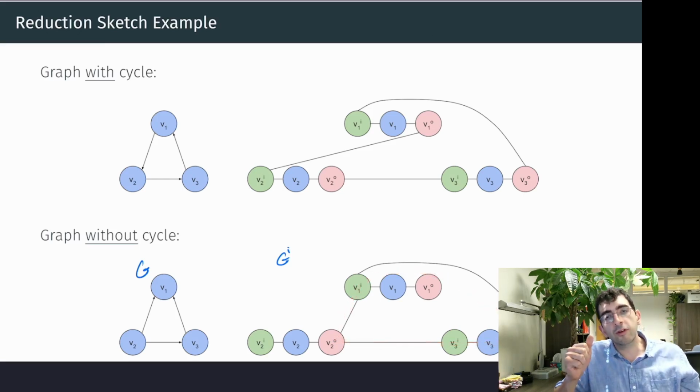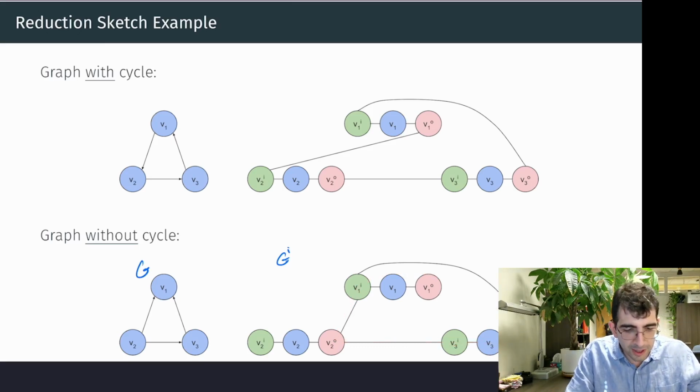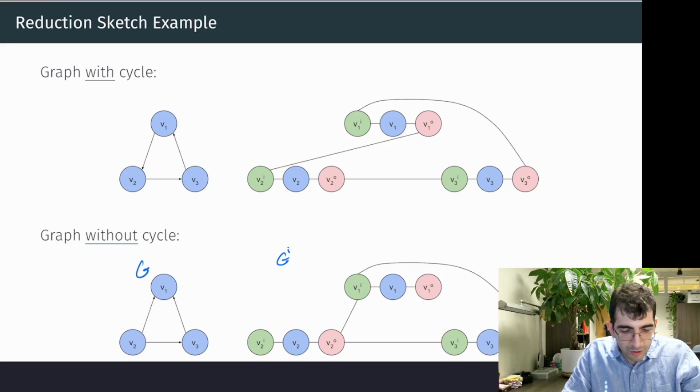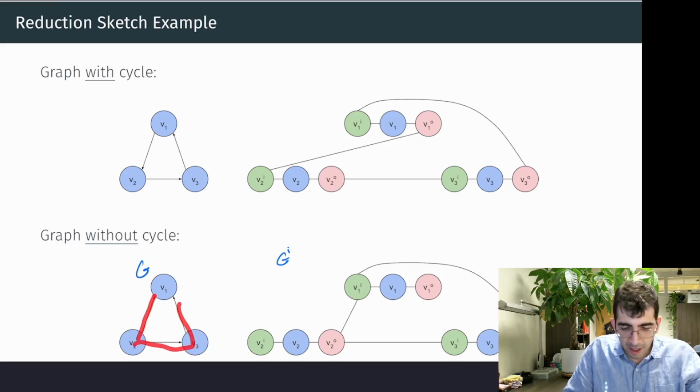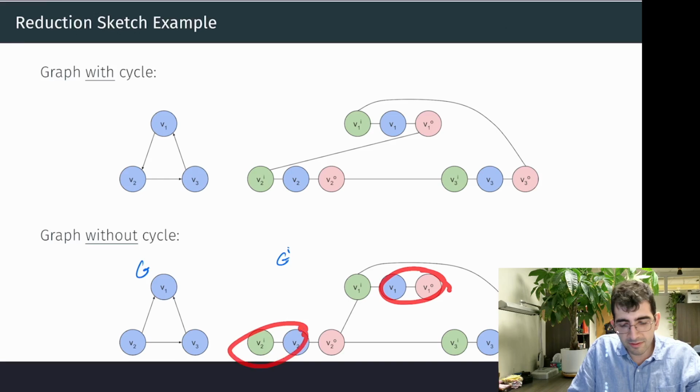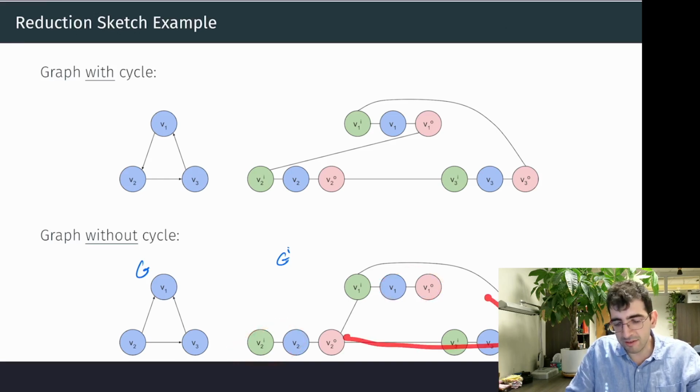Okay? So there is a cycle, but what's the important thing? It's not a Hamiltonian cycle, right? So if we had a Hamiltonian cycle here, then we have a Hamiltonian cycle here because we visit every node like this. But if we don't have a Hamiltonian cycle here, we don't have a Hamiltonian cycle here because a bunch of nodes get left out. And therefore, it breaks the Hamiltonian cycle property.